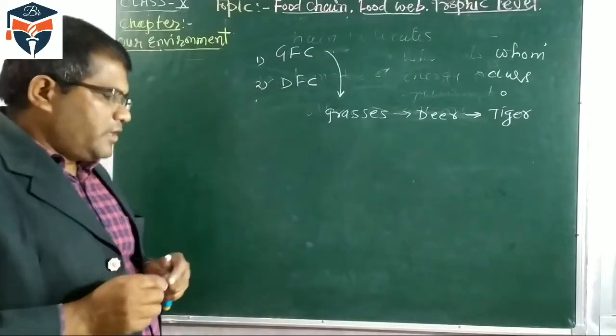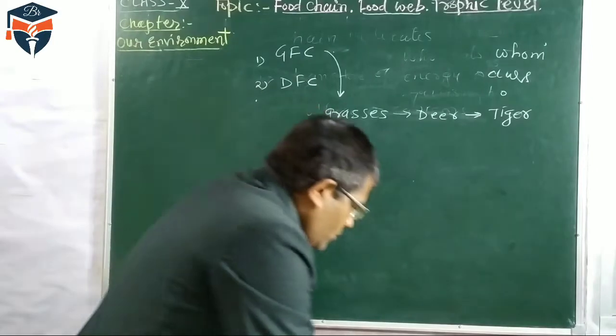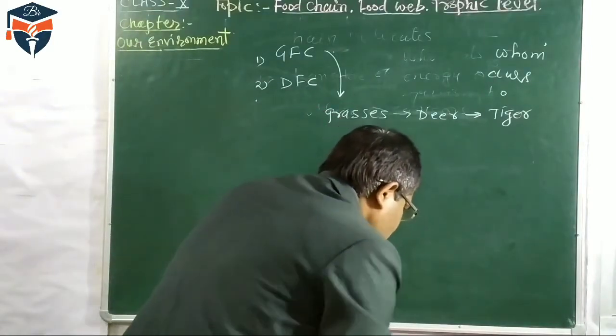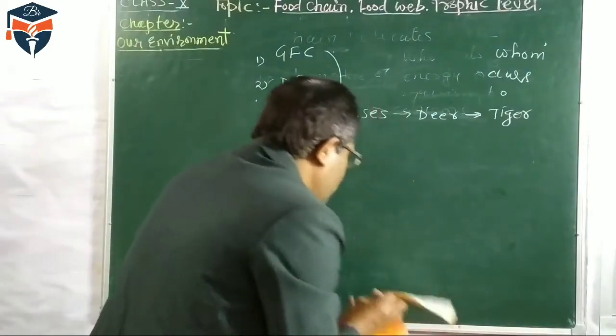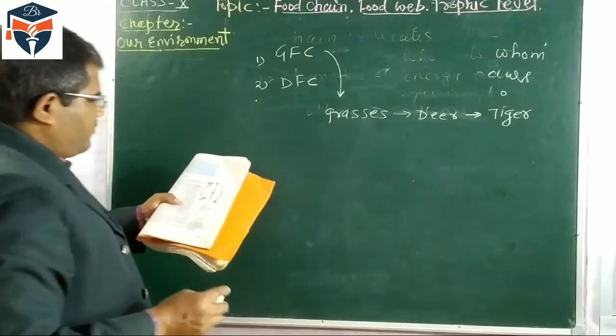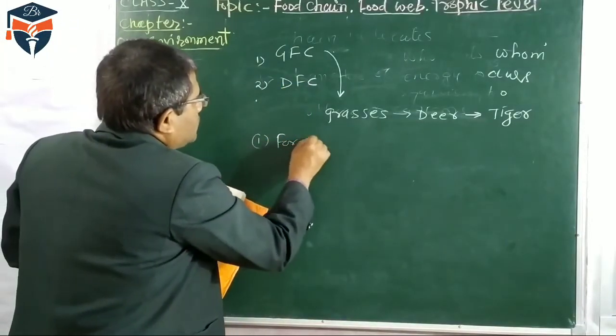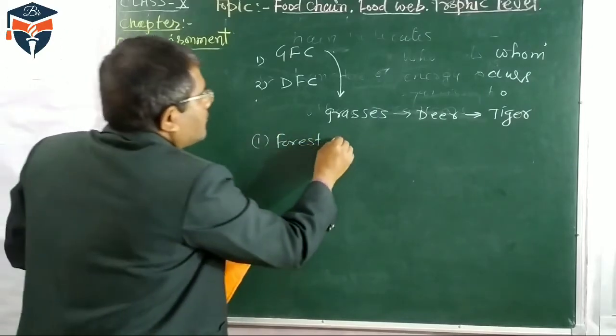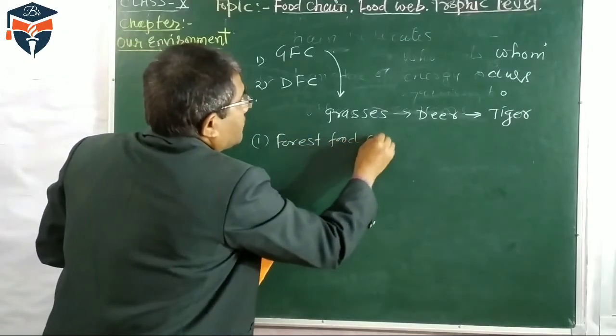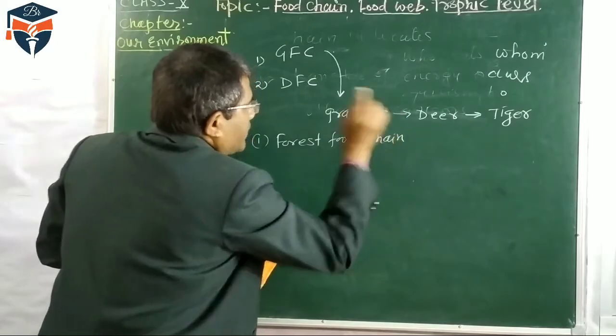Three food chains are given in our book, and we have to understand these three. The first food chain in our book is about the grazing food chain, the forest food chain.